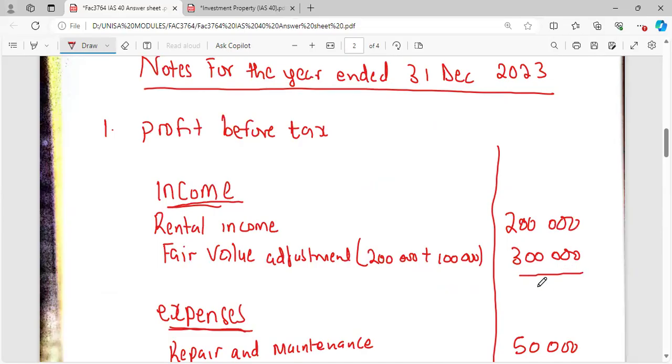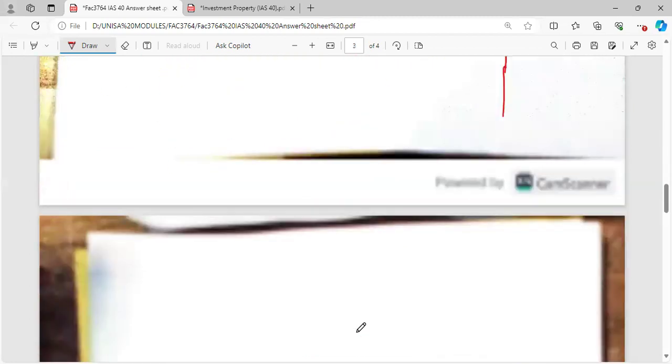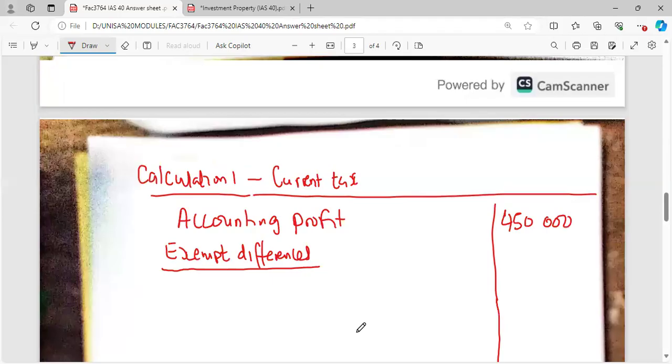But when you go to SARS now, they will tell you that based on their income tax, for calculating tax, we don't include this full amount, because this 300,000 is 100%. But SARS will now say, we only need 80%. Do you see now?